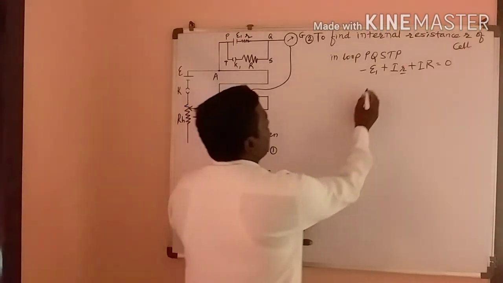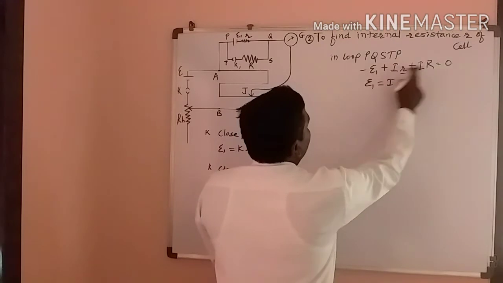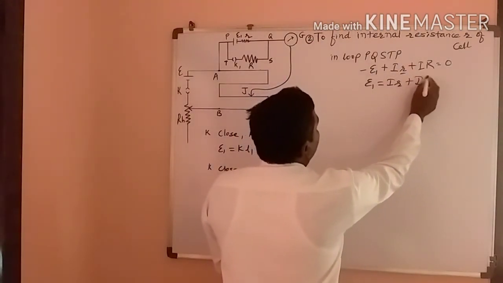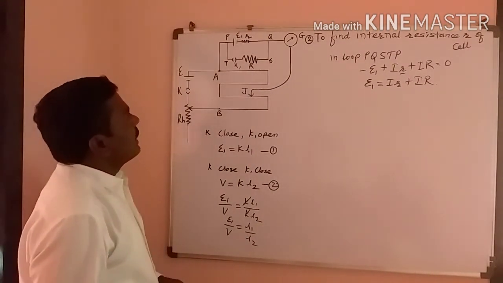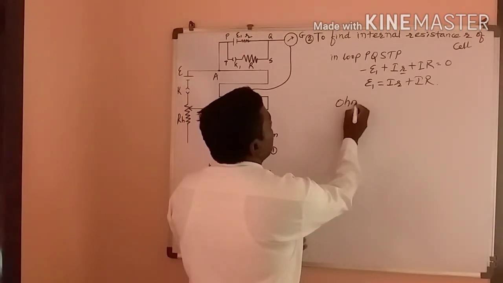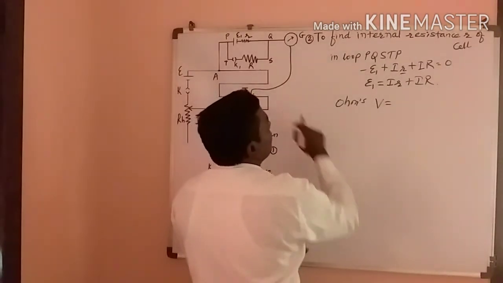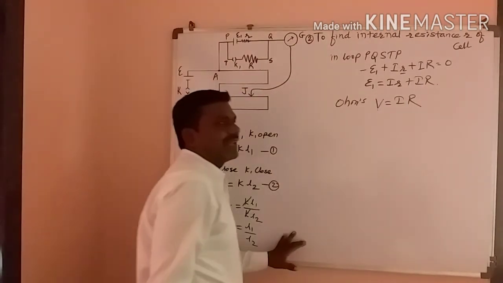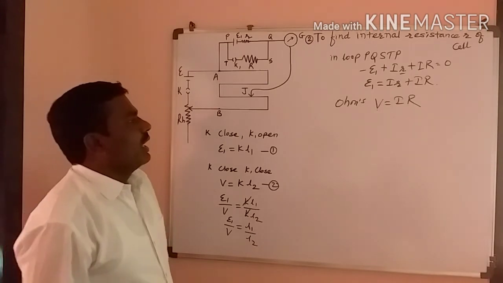From this we write E1 is equal to Ir plus IR, this minus sign going to the other side. Again, according to Ohm's law, the potential V is equal to IR, where V is the potential difference, I is the current, and capital R is the resistance from the resistance box.